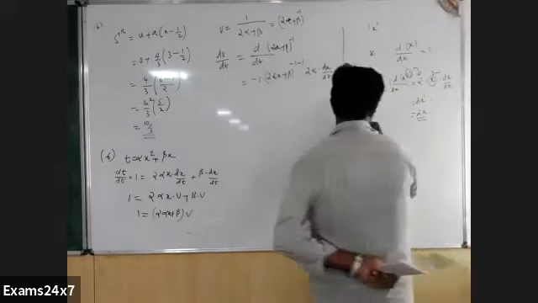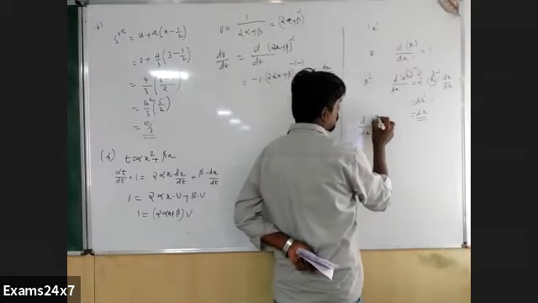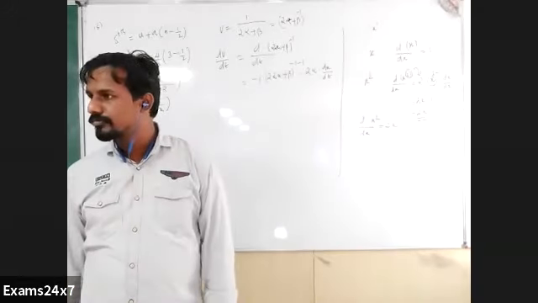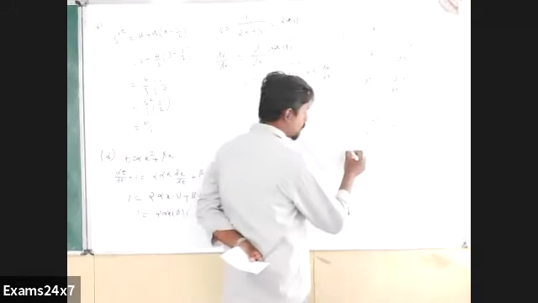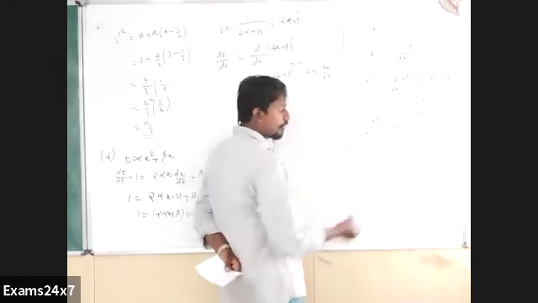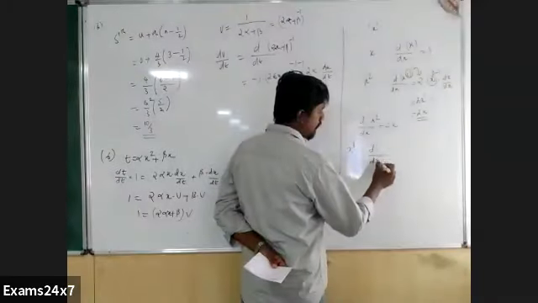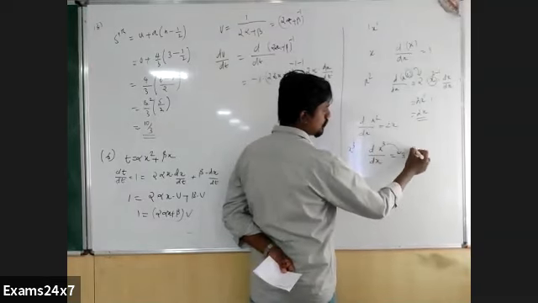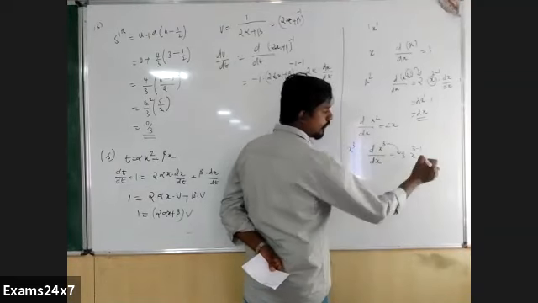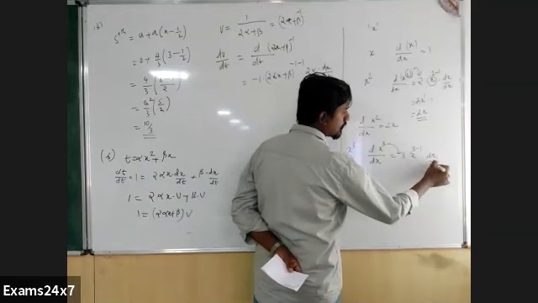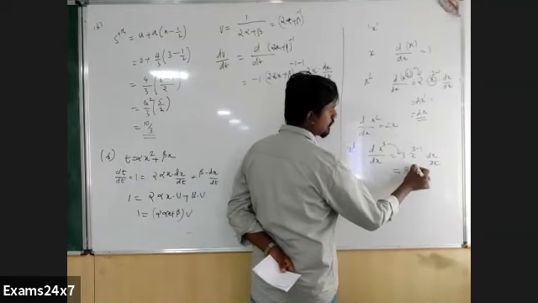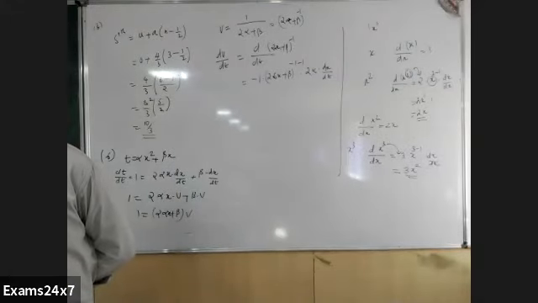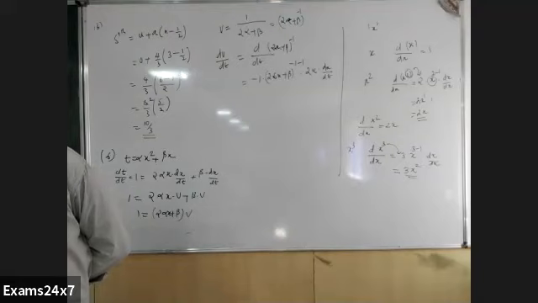So that's how d by dx of x square is equal to 2x. One more. If you are differentiating x cube, d by dx of x cube, 3 first, then x to the power 3 minus 1 into dx by dx, you get 3x square. Are you getting the pattern?